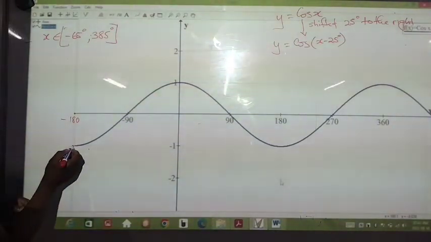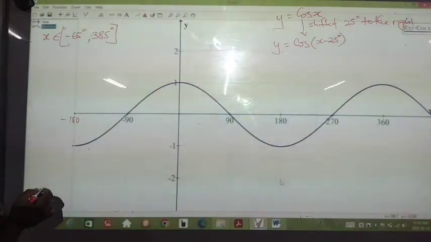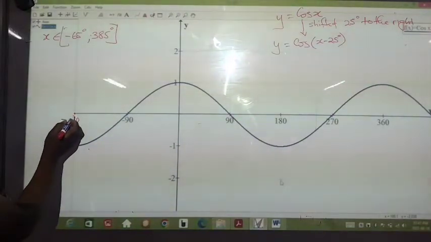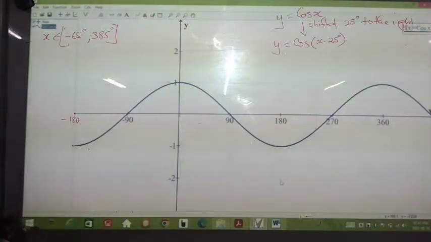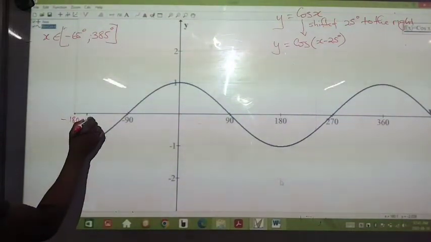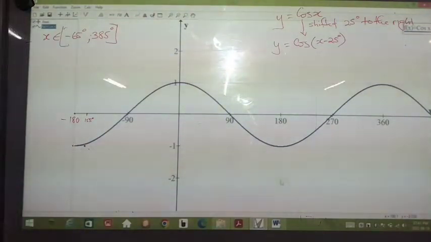So we are going to move this point horizontally 25 degrees. That would mean moving from negative 180, if we move 25 degrees to the right, we'll get to negative 155. So our new point will be there.